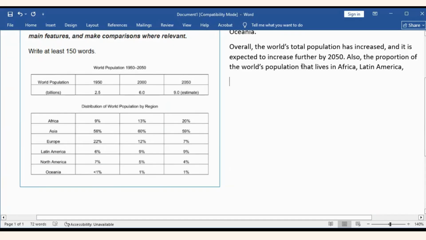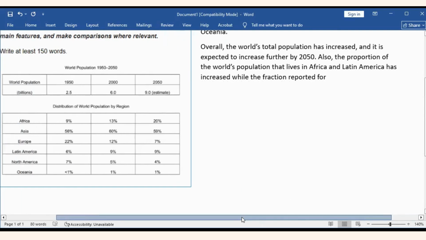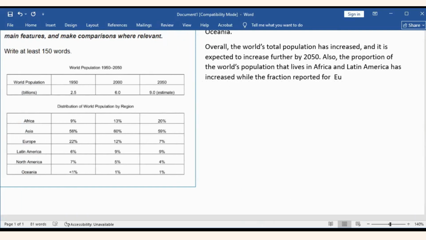Also, the proportion of the world's population that lives in Africa and Latin America has increased, while the fraction reported for Europe and North America reduced.